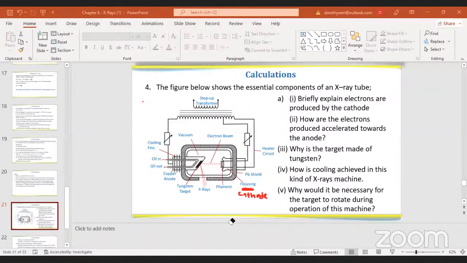Not to prevent, you can't say to prevent. There will always be wear and tear. Reduce. To ensure that it is what? Uniform. Yes. So that you reduce the time of replacing the anode.